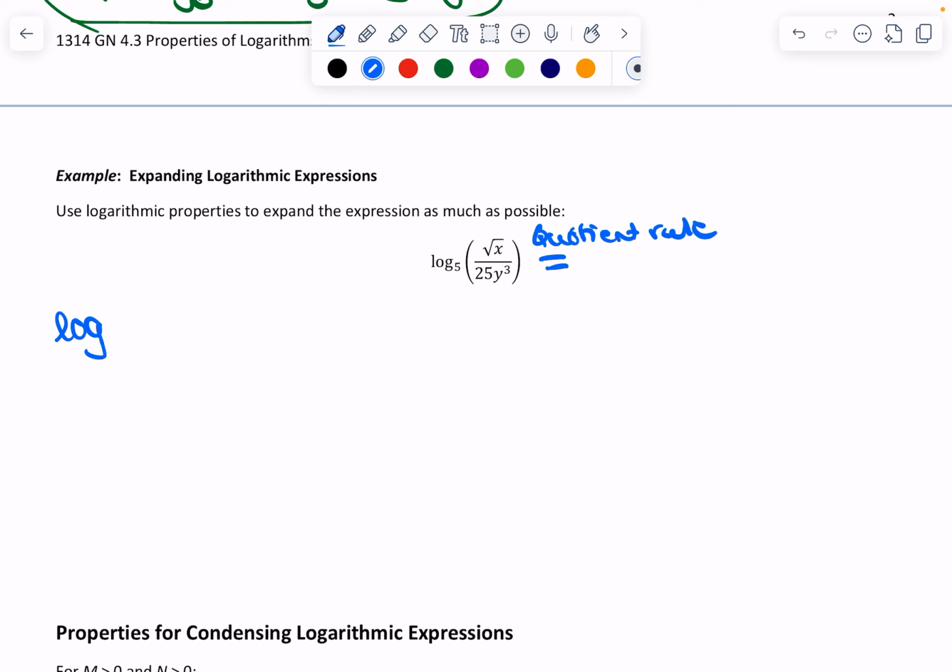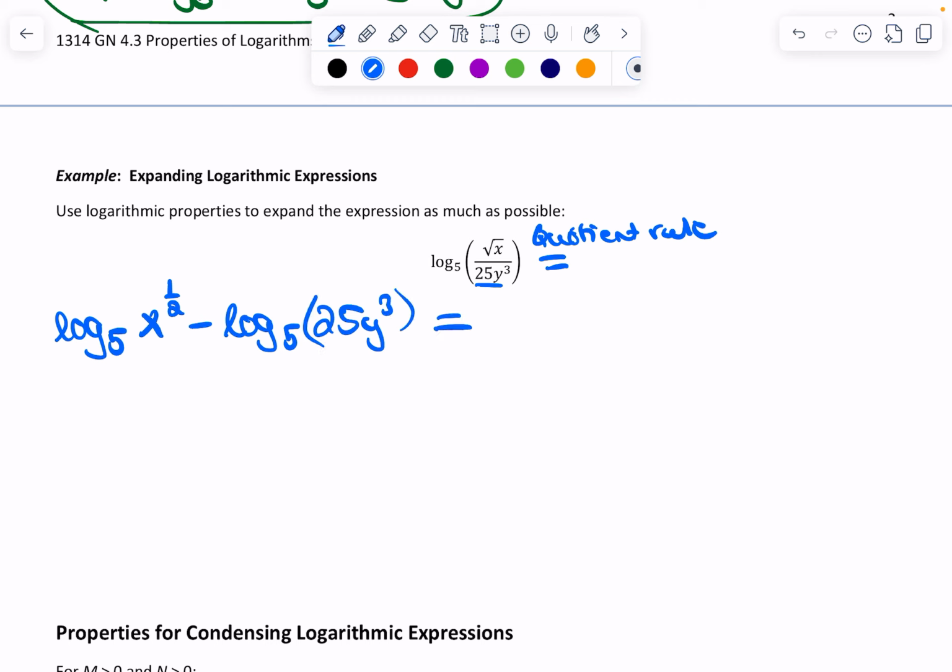So log base 5 of the square root of x, and I'm going to rewrite the square root of x as an exponent with a half instead of the square root. And then we are subtracting what's down here: log base 5 of 25y cubed. And all this is inside parentheses.